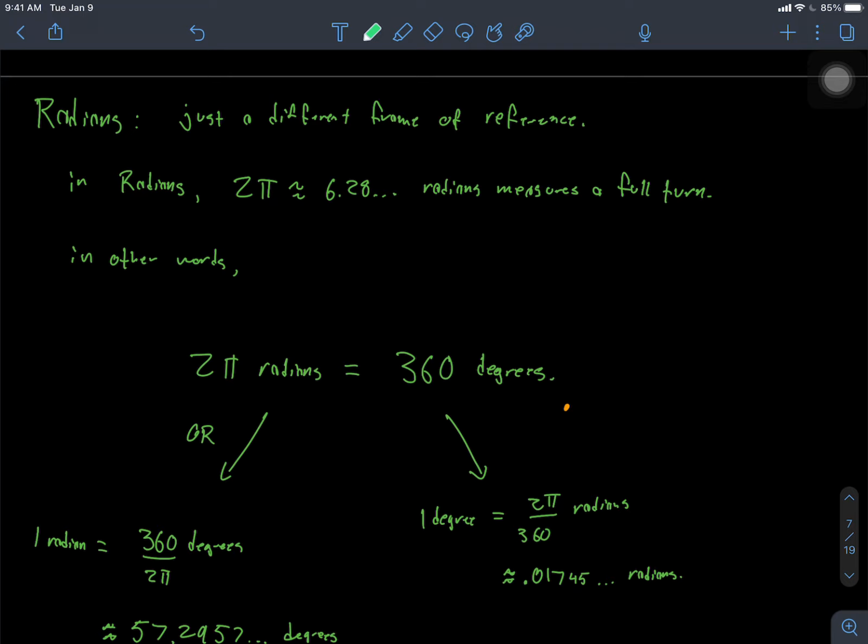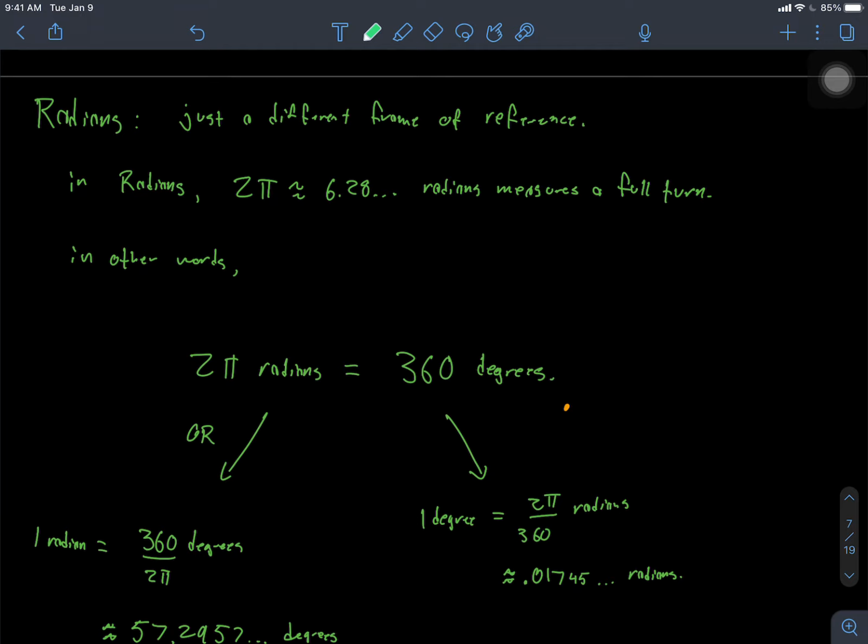Just like how people in the rest of the world measure things using meters and centimeters or degrees Celsius, instead of how we would measure things in the United States using the imperial system, which is yards and feet and degrees Fahrenheit and these sorts of things. Just like how we can convert between those different units of measurement for things like length and temperature, we have different units of measurement for angles, and they're degrees and radians.